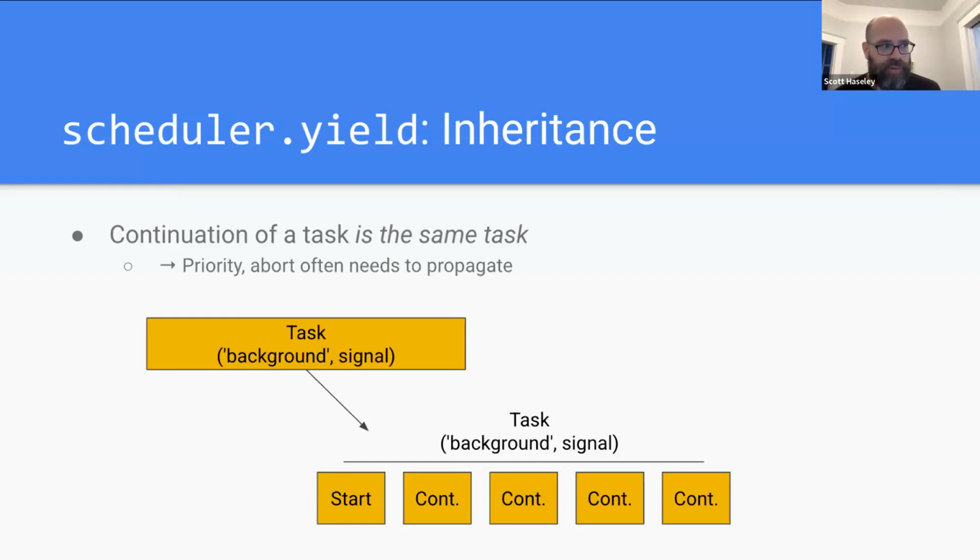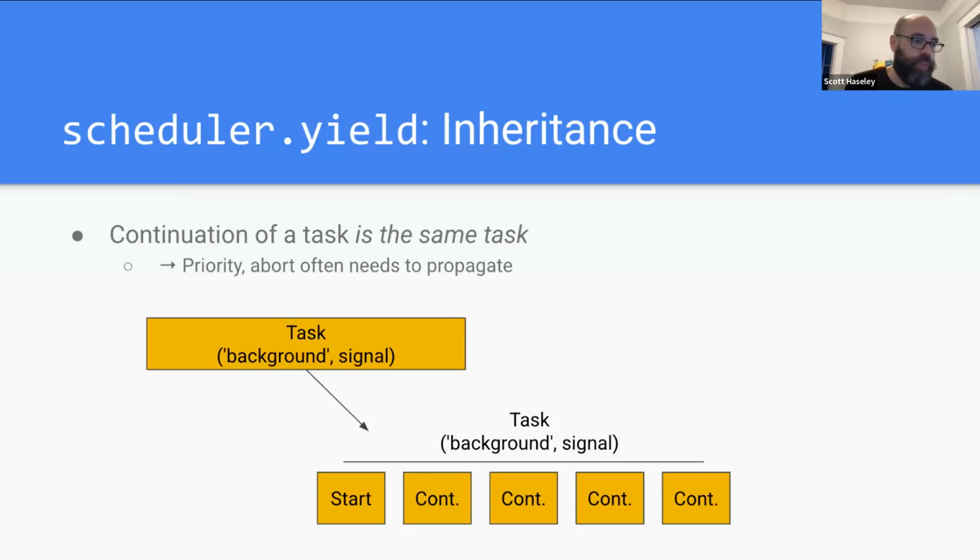Here, conceptually, the start point of the task and all of the continuations that you do with yield, for example if you're yielding in a loop, are really part of the same task. So if that task was scheduled with a priority and with a signal, whether it's an abort signal or task signal, there's a good chance that should apply to everything in that task, whether you're breaking it up or not.